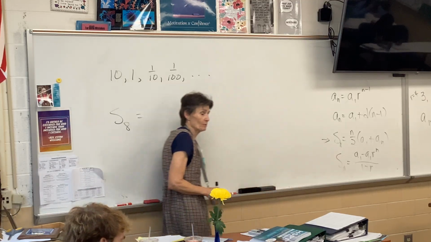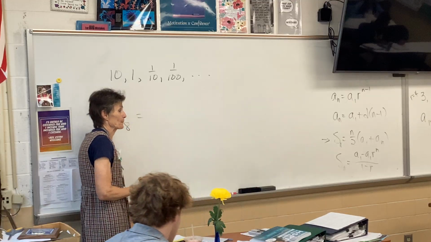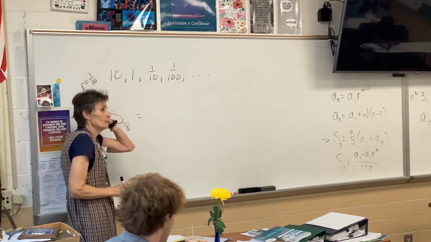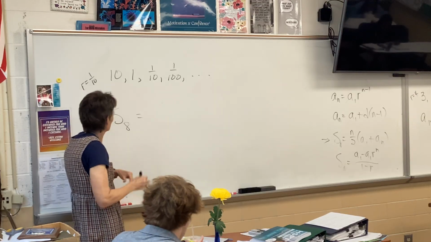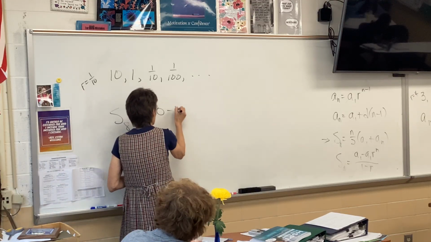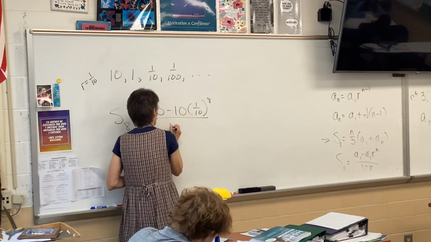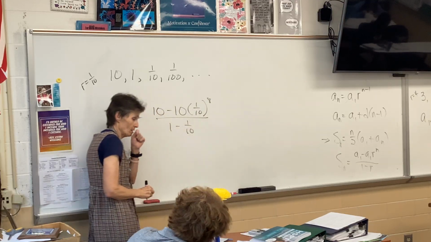Gotta have my ratio. Now what is my ratio? 1/10, multiplying by 1/10. So, here we go. 10 minus 10 times 1/10 to the 8th over 1 minus 1/10.